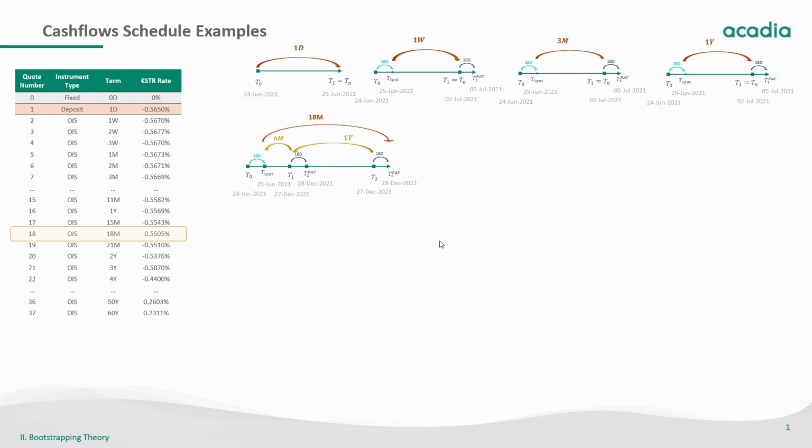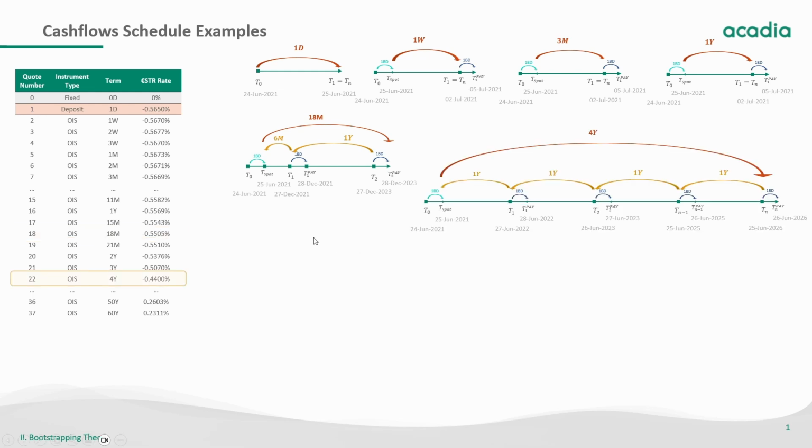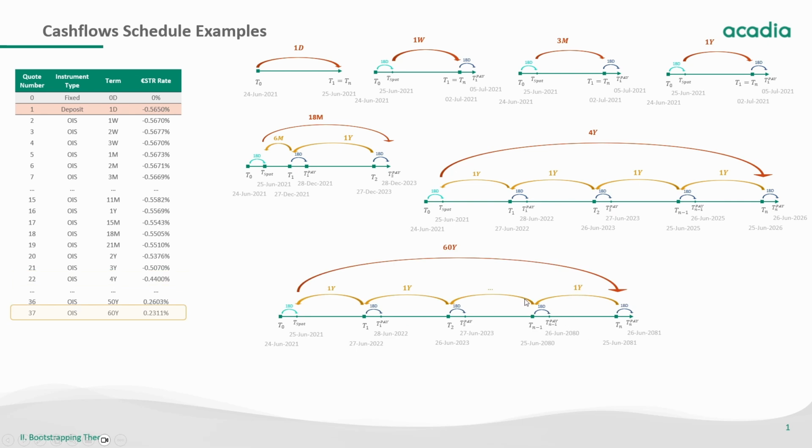From then, if you increase the length of the tenor, let's look at the 4-year example, you increase the number of cash flows. And here you have 4 cash flows. And if we look at the longest tenor, 60 years, we have 60 cash flows, which is just shown here with the 3 dots. And just so that notations are clear, you can see here the quote term with a small t going from 1 to small m.